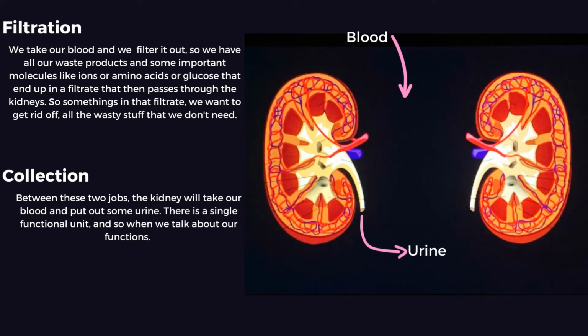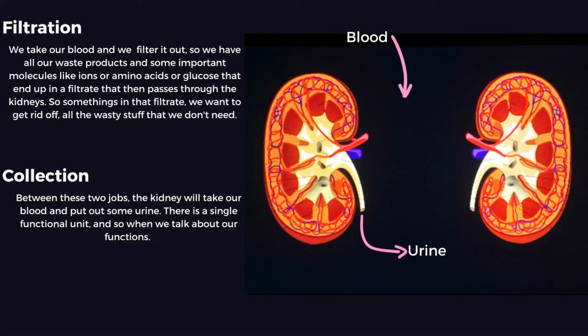So we have all our waste products and some important molecules like ions or amino acids or glucose that end up in a filtrate that then passes through the kidneys. In that filtrate, we want to get rid of all the wasty stuff that we don't need. And so the second very important function of our kidneys is collection. Between these two jobs, the kidney will take our blood and put out some urine.